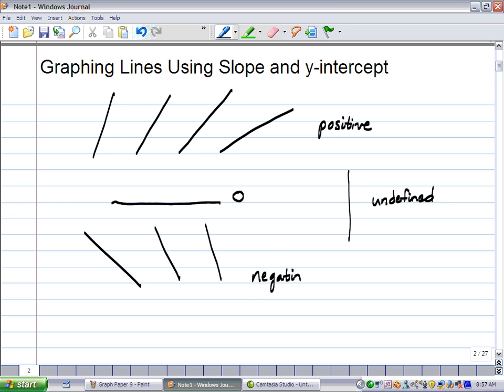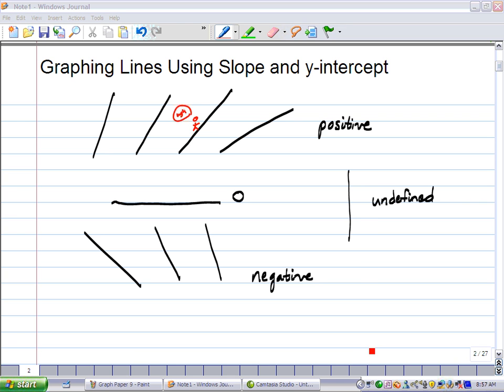So if you imagine a little skier skiing up these positive slopes, poor guy, he's climbing up there. Ugh, he's climbing.